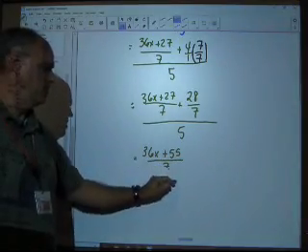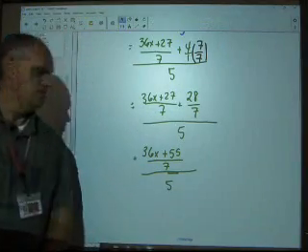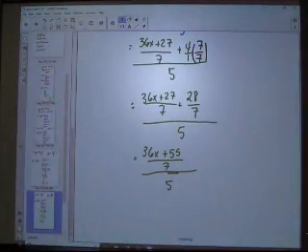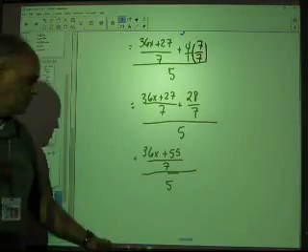Over 7 all over 5. Is that correct? Do we like that, or do we want to make it a little nicer looking? Nicer. I'll agree, let's make it a little nicer looking.